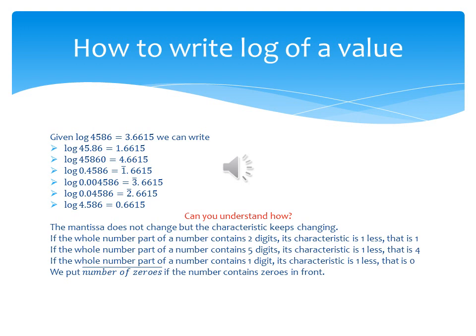Log of 4.586, again the decimal part is going to be .6615, but since we have 4 in the integral part and 4 is a single digit, we write 0.6615. So the mantissa does not change, but the characteristic keeps on changing depending on the number of digits in the whole number part. And if we have zeros, we write the number of zeros and put bar on top of that.